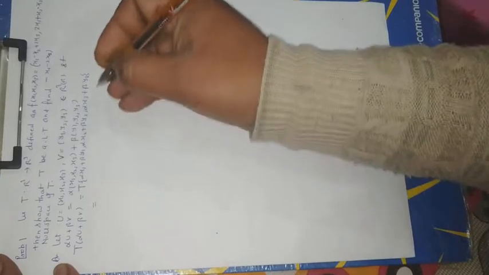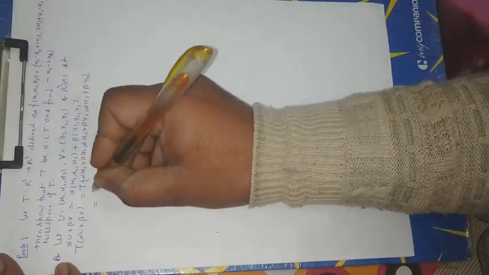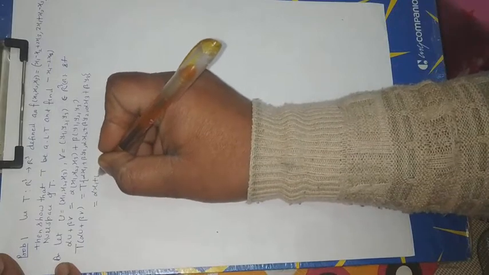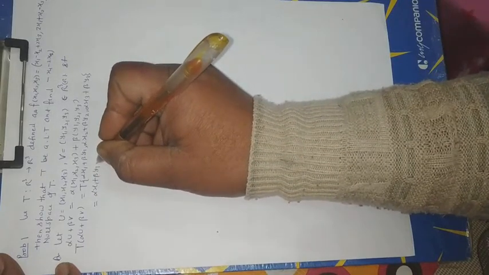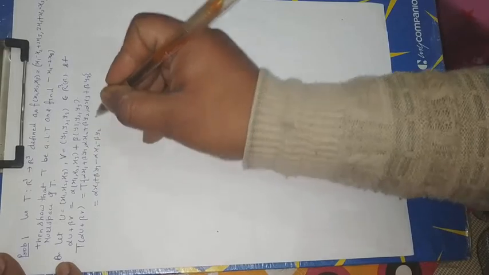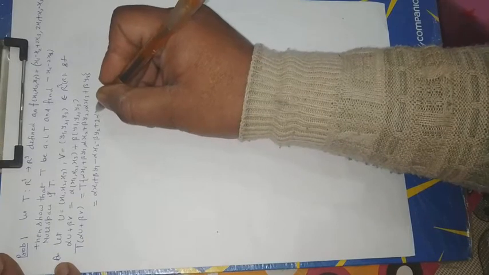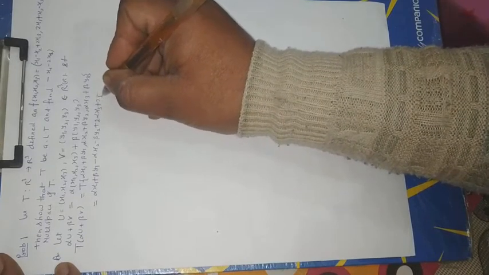Now by transformation, x1 minus x2 plus 2x3, that is alpha x1 plus beta y1 minus alpha x2 minus beta y2 plus 2 alpha x3 plus 2 beta y3.